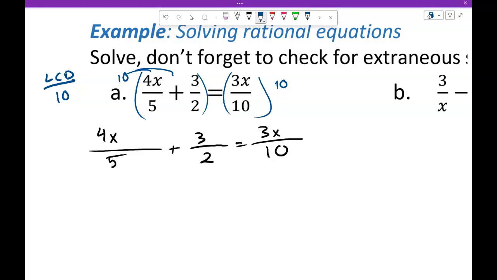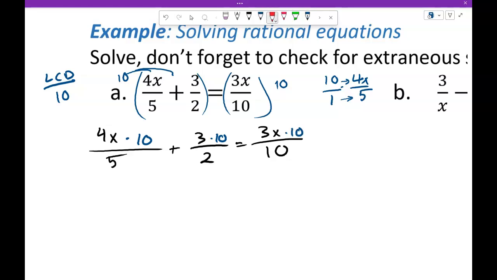Remember, when we multiply a whole number or an expression by a rational expression, 10 times 4x over 5, only the numerators get multiplied because the denominator is a 1 on the 10. So it's 10 times 4x and 1 times 5. So each numerator will be multiplied by the LCD.